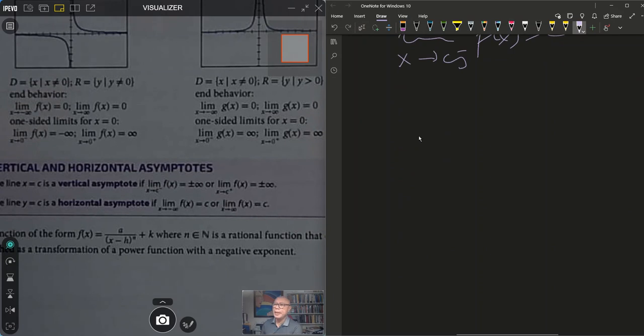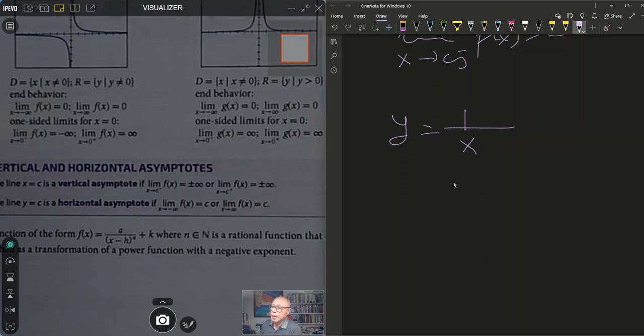For example, there is y equal 1 over x. There is an equation like this.